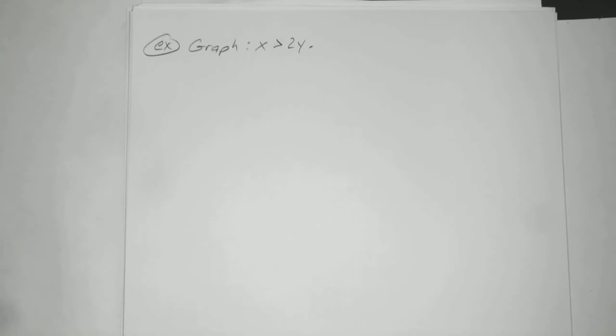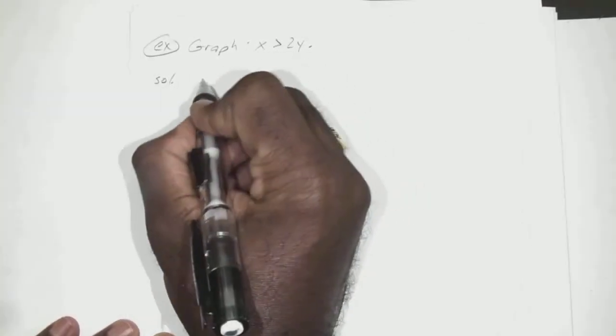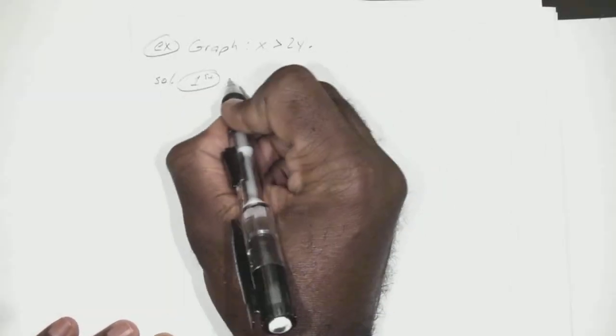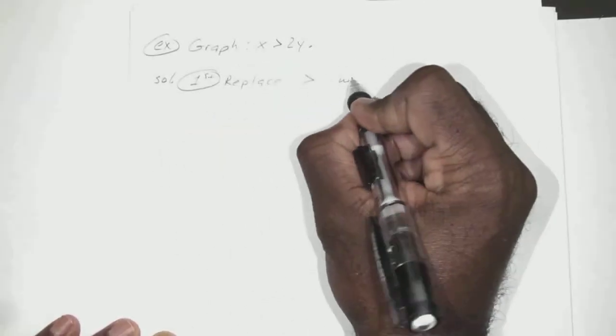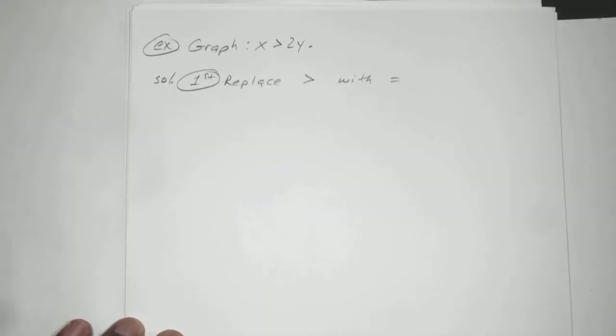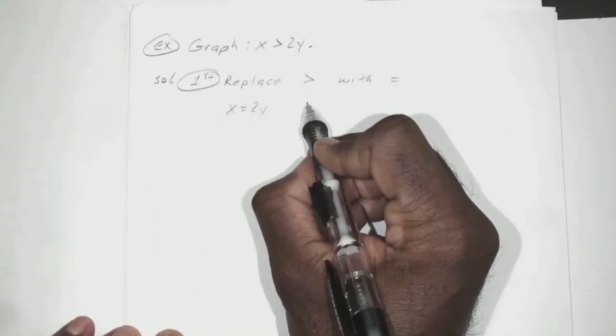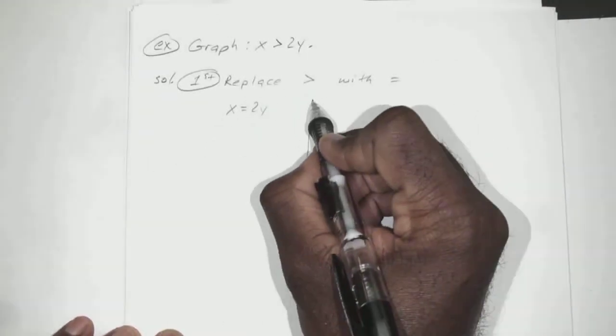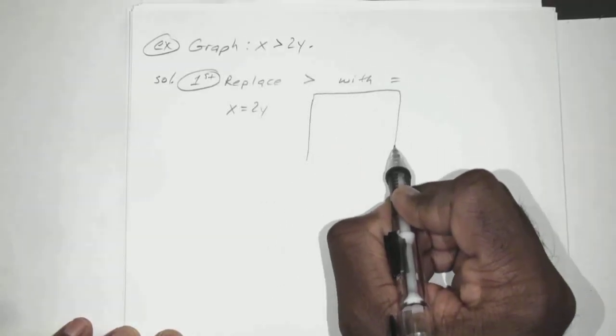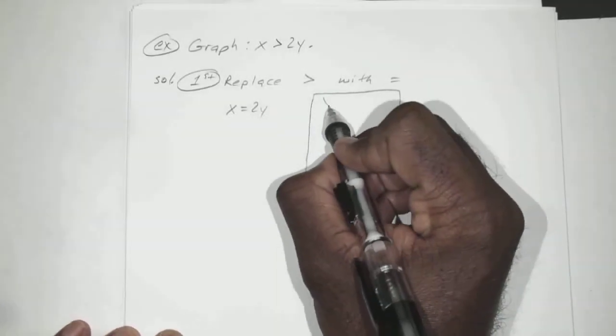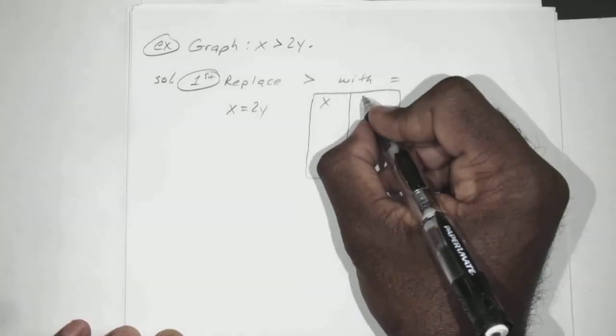First step is we're going to graph x is equal to 2y. So the first thing we're going to do is replace greater than with our equal sign. Okay, so we have x equals 2y, and we're going to go ahead and draw our table. Again, you don't have to use the table if you don't want to, but it's just one of those things I like to do.